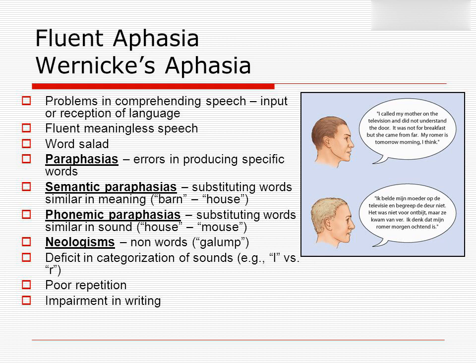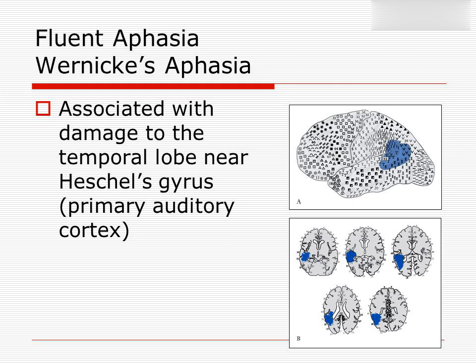Deficit in categorization of sounds, for example L versus R. Poor repetition. Impairment in writing. Associated with damage to the temporal lobe near Heschl's gyrus, primary auditory cortex.